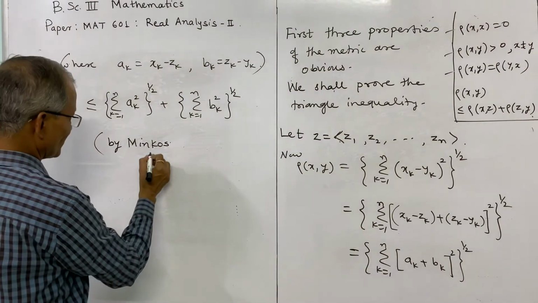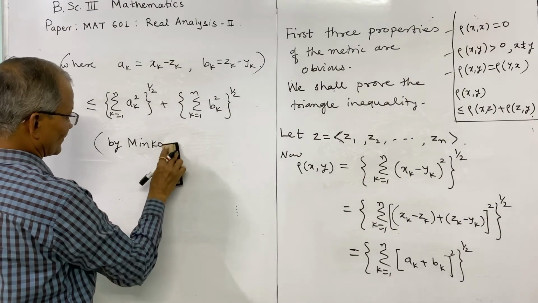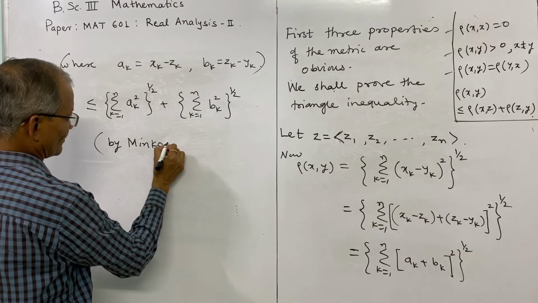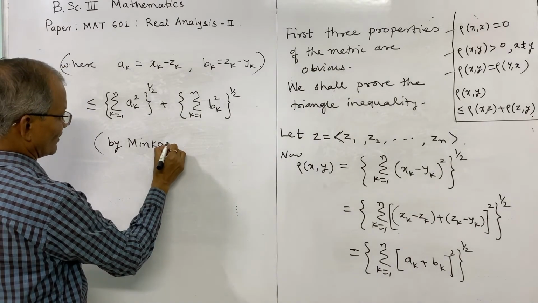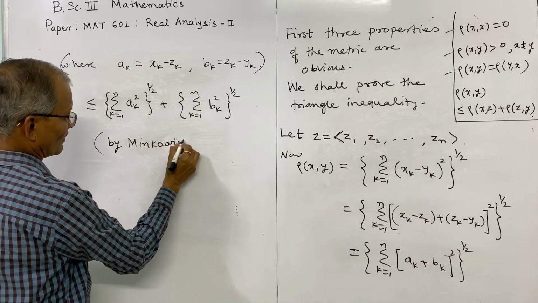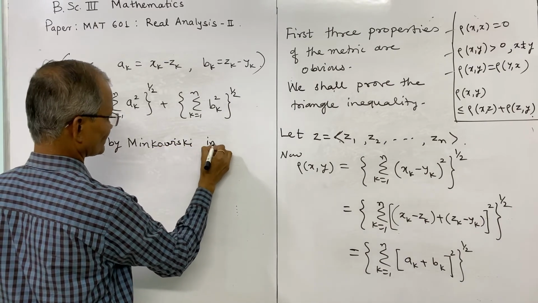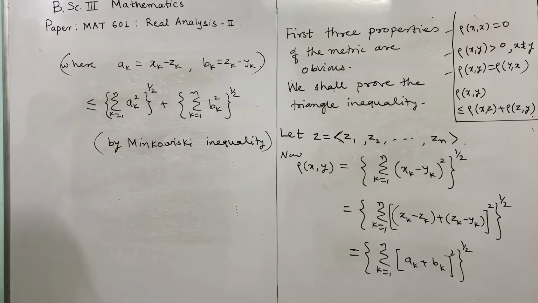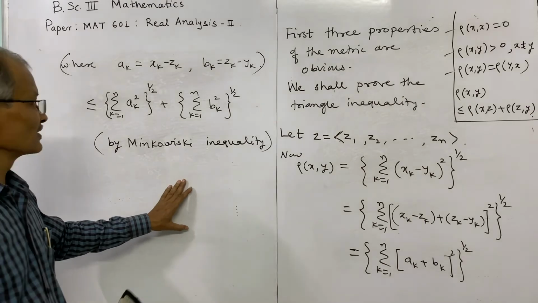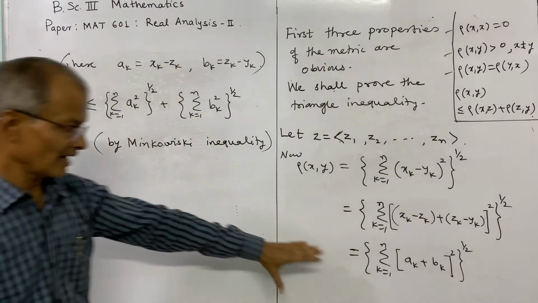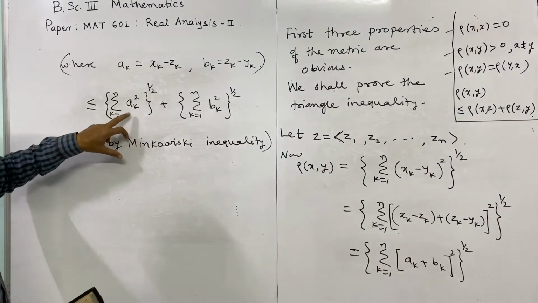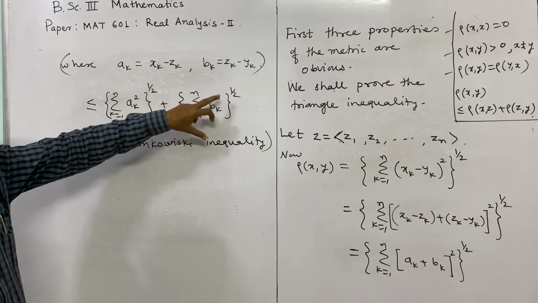The spelling is Minkowski. So this inequality is in an earlier chapter, that is infinite series. You can refer to that, and it is direct. Summation of ak plus bk, whole square, raised to half is less than or equal to summation ak square raised to half plus summation bk square raised to half.